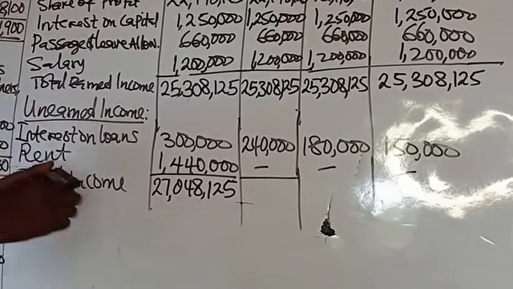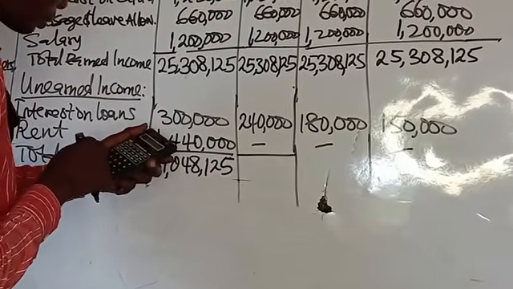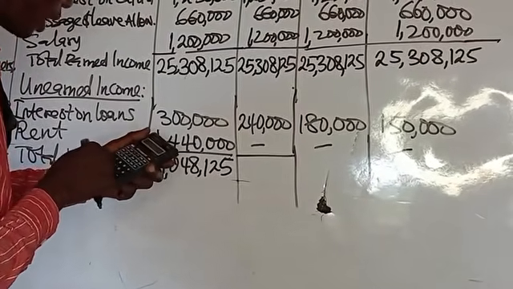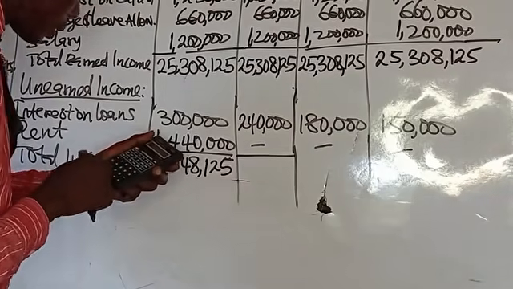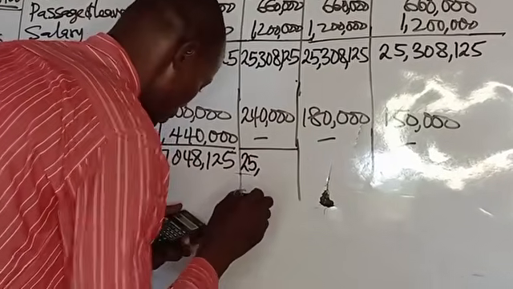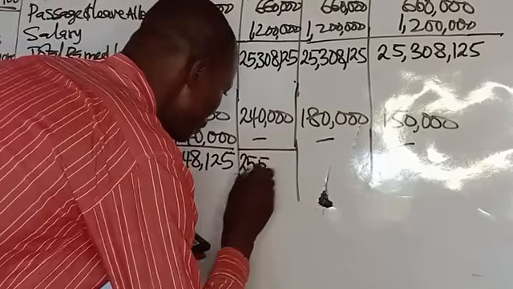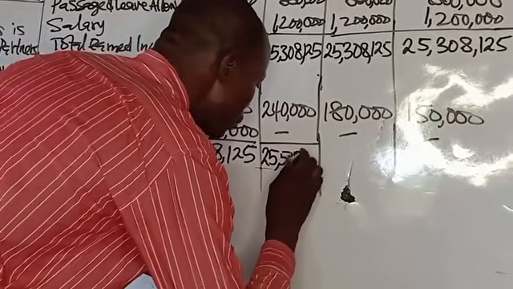Then for Femi, 25,308,125 plus 240,000. That is total 25,548,125.